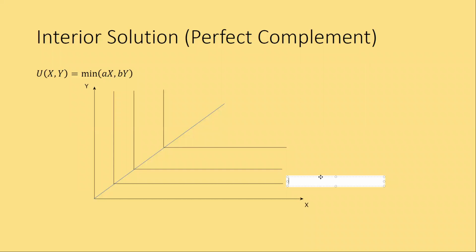Again, the higher the indifference curve, the higher the level of utility. So we have U1, U2, and U3 here, and U3 is higher than U2, which is higher than U1.